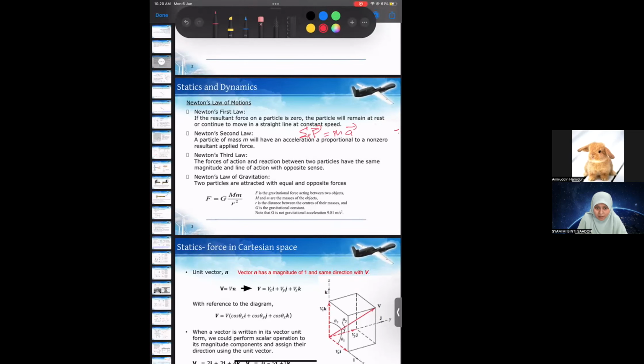A particle of mass M will have an acceleration A proportional to a non-zero resultant applied force. So F equals MA. That is the relation for Newton's second law.